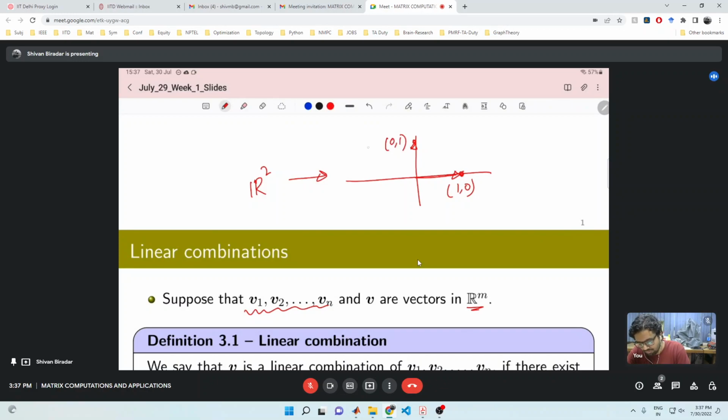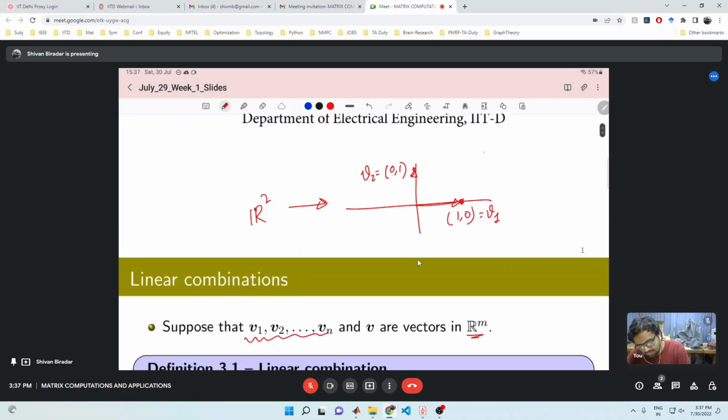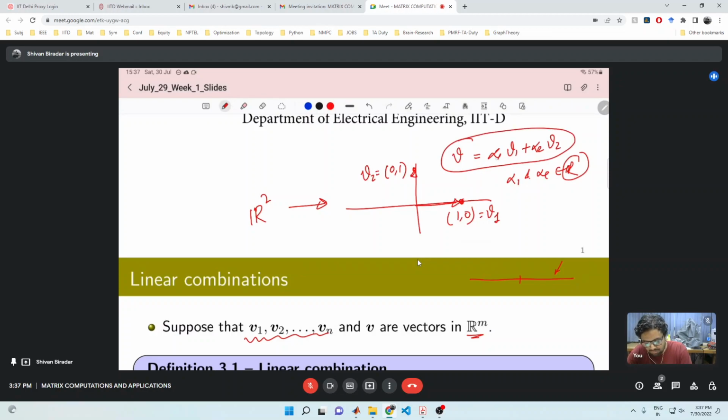The linear combination of these two vectors is alpha 1 v1 plus alpha 2 v2, where alpha 1 and alpha 2 belong to the real numbers. So alpha 1 and alpha 2 are coming from this real line. The linear combination basically means that I'm multiplying a scalar with a vector and then adding them. This is called the linear combination.